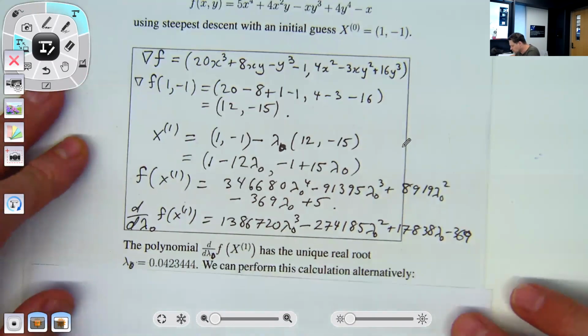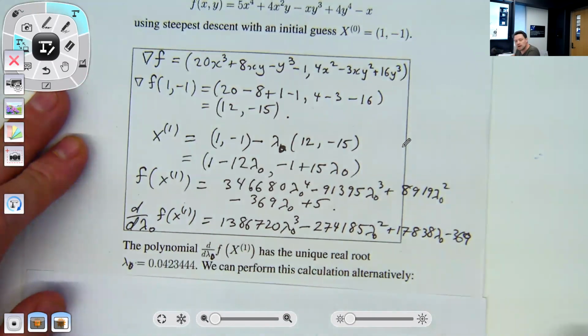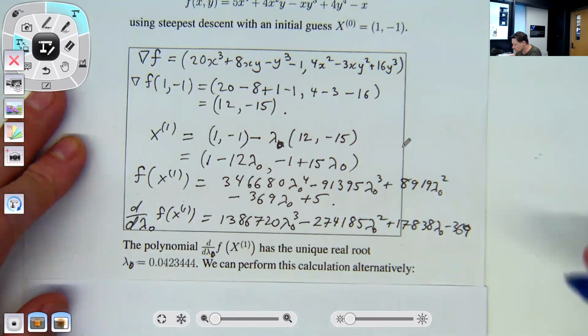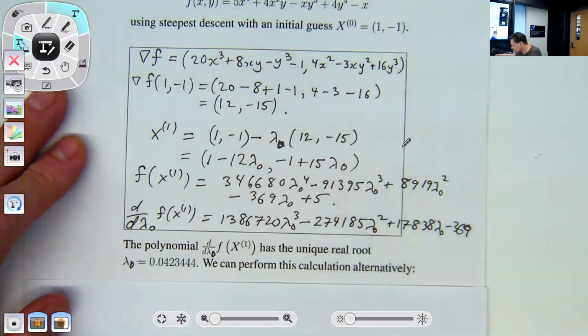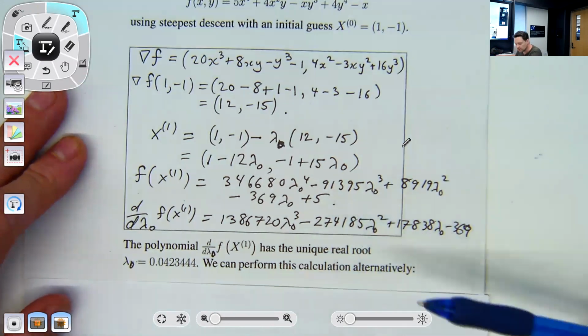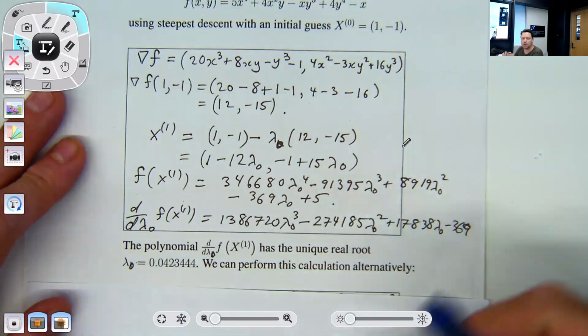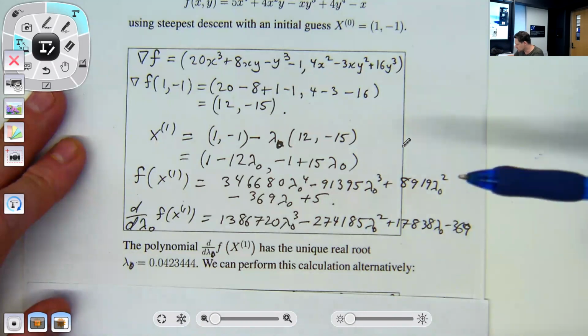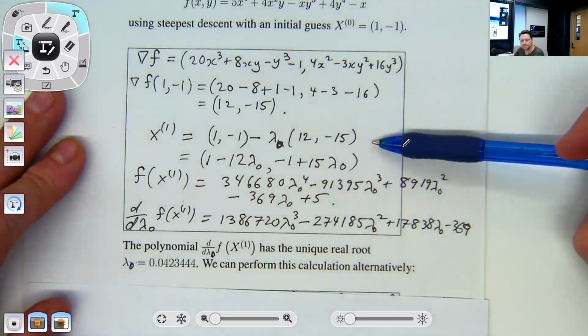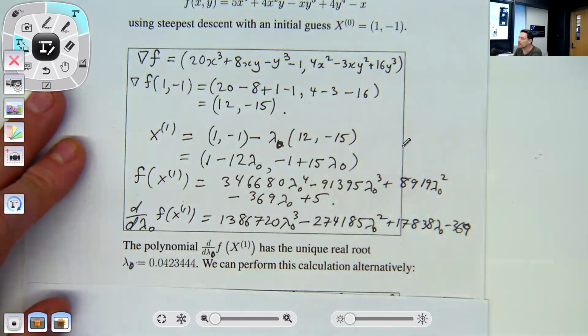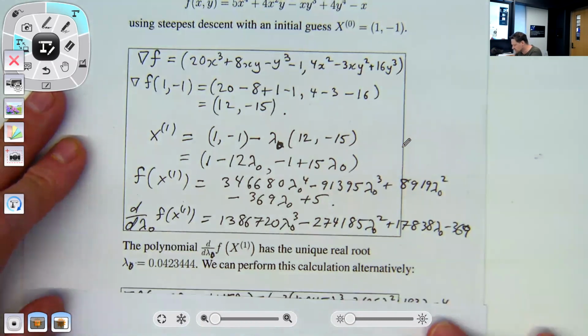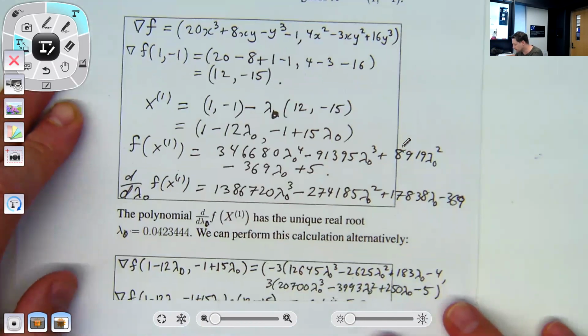All right, so differentiating, and you find that there's only one real root and say 2 complex roots. So we take the real root here and we get this lambda 0.04, etc. Okay, we use that in the description of the next point and we get our x1, right, just in that way. All right, but there's another way to do this, which is perhaps simpler.